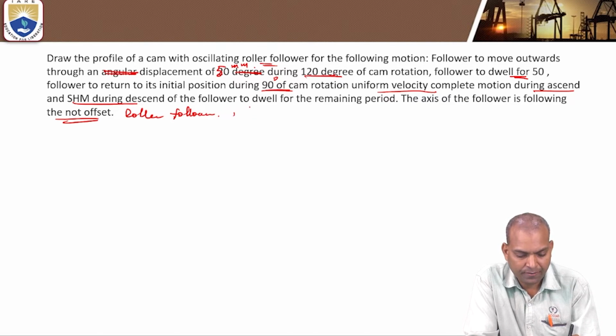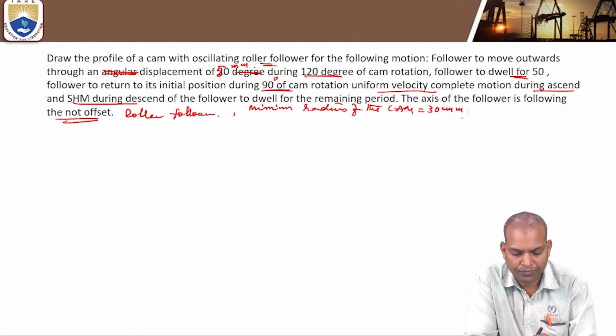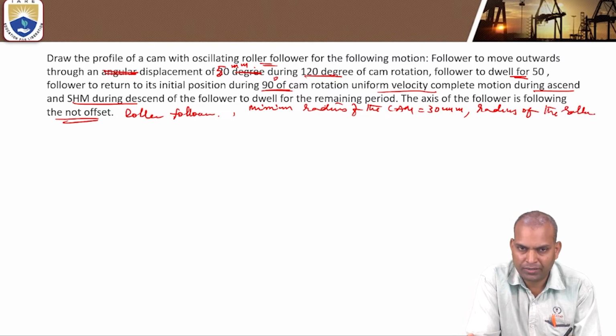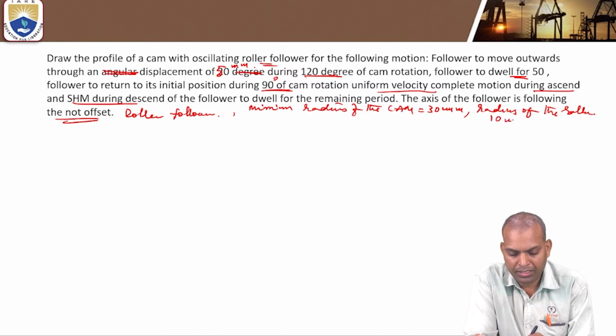Assume the minimum radius of the cam equal to 30 millimeters, and the radius of the roller we have to assume, if it is not given, as 10 millimeters.